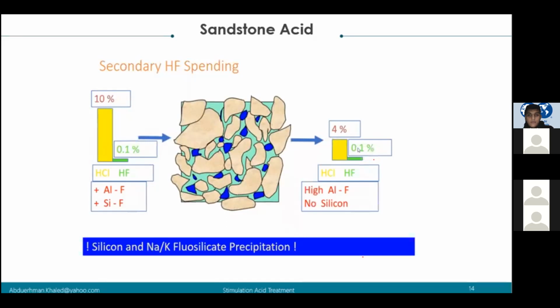And unfortunately, silicon and fluosilicate will precipitate in the second stage. These are insoluble materials, and if the second reaction occurs, they will precipitate and reduce the permeability.